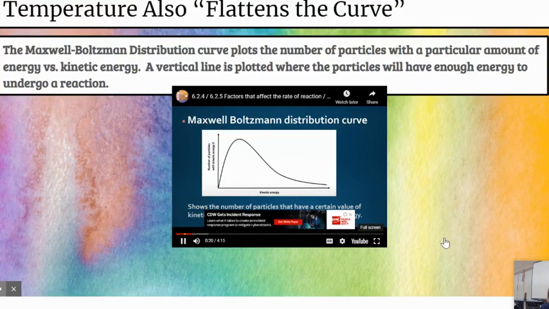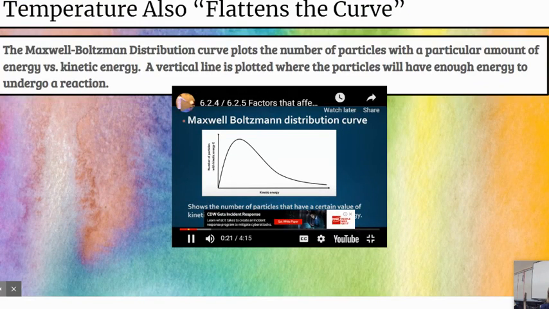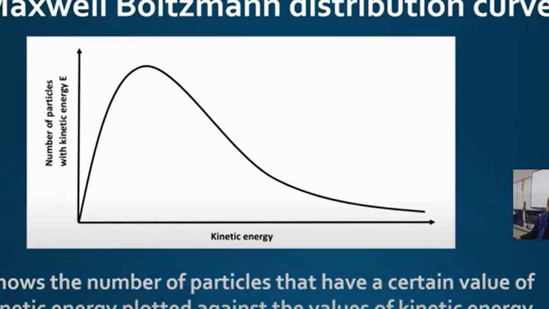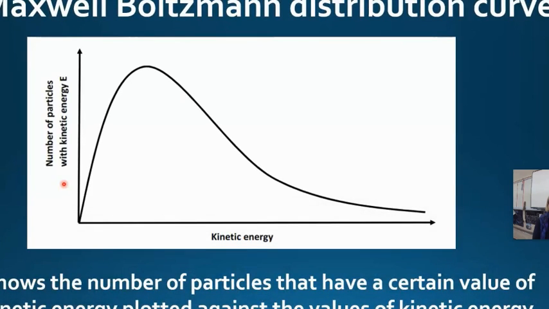We'll have a quick look at the Maxwell-Boltzmann distribution curve. And here it is, and it shows the number of particles that have a certain value of kinetic energy plotted against the values of kinetic energy. So on the y-axis you have the number of particles with kinetic energy E, and on the x-axis you have their value of kinetic energy.